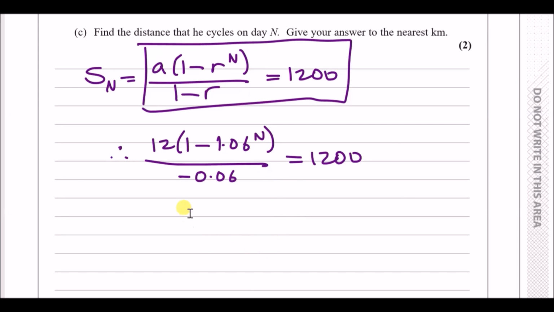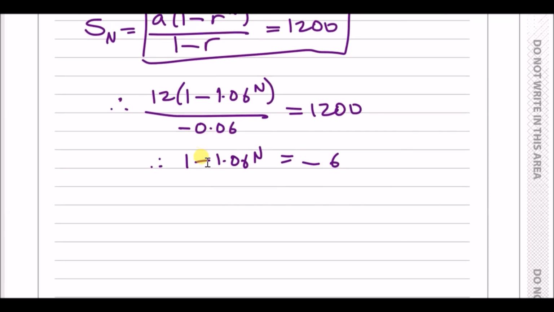So what we could do, we can just put in our calculator right now, 12 over minus 0.06, and then using the answer, put 1200 divided by that. And you should be left with something like 1 minus 1.06 to the power n equals minus 6 on the right side. Now just rearranging this, I'm going to add 6 across and plus this term to the right. We're going to get 7 equals 1.06 to the power n.